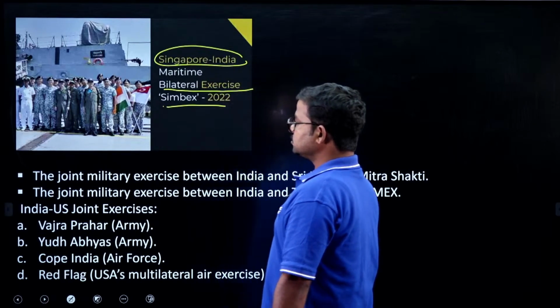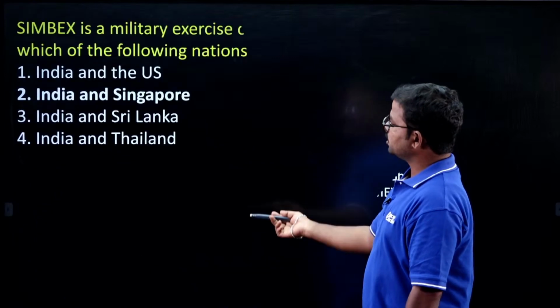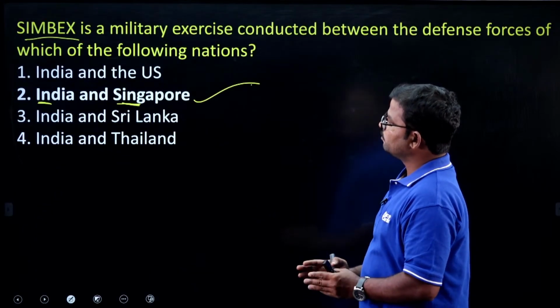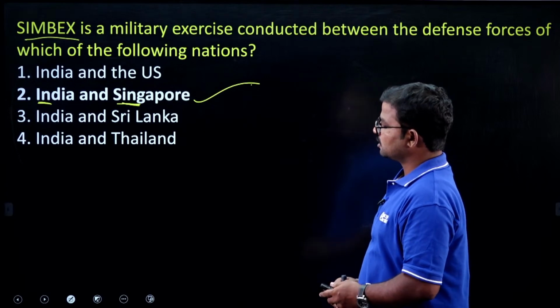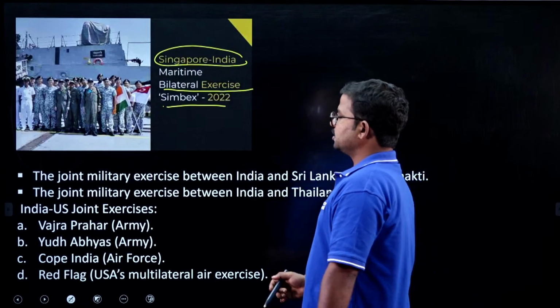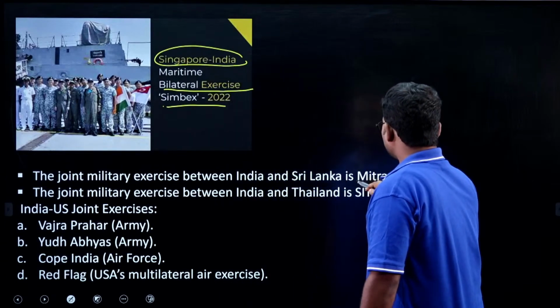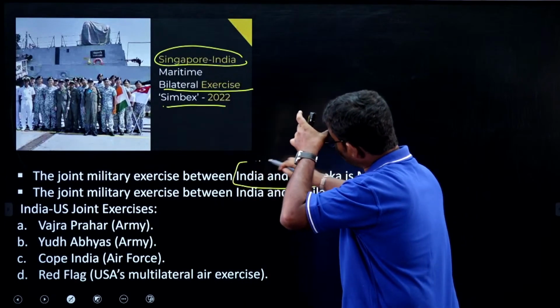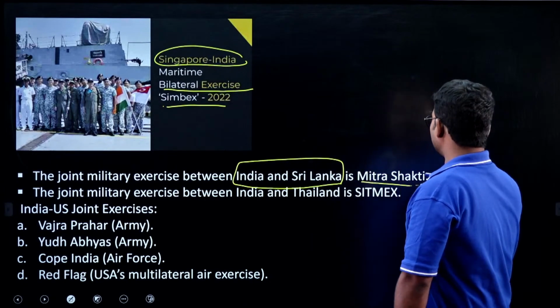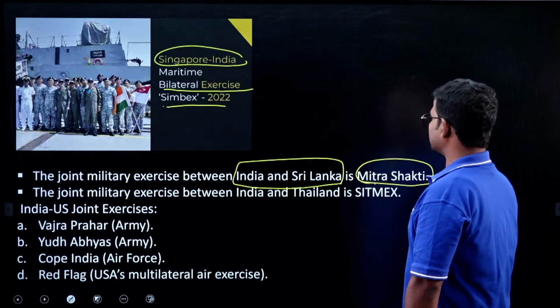So what about the remaining options? If you consider India and US, and India and Sri Lanka, what are the names of those military exercises? Between India and Sri Lanka, the exercise is Mitra Shakti.